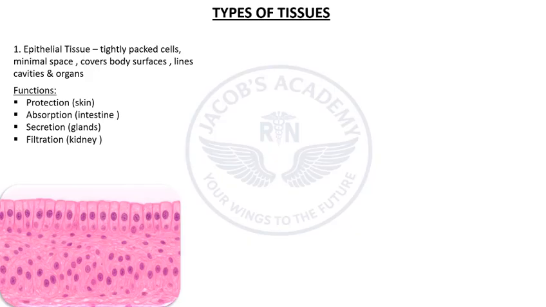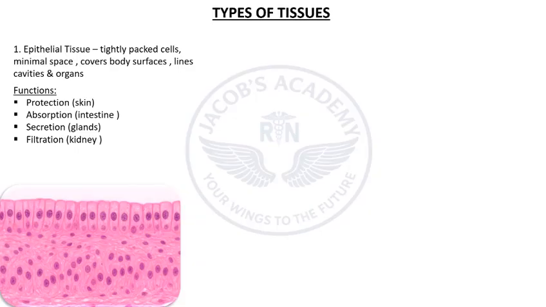So what is epithelial tissue? This tissue covers the body surfaces, lines internal organs, and forms glands. It works like a protective barrier, preventing injury, infection, and fluid loss.